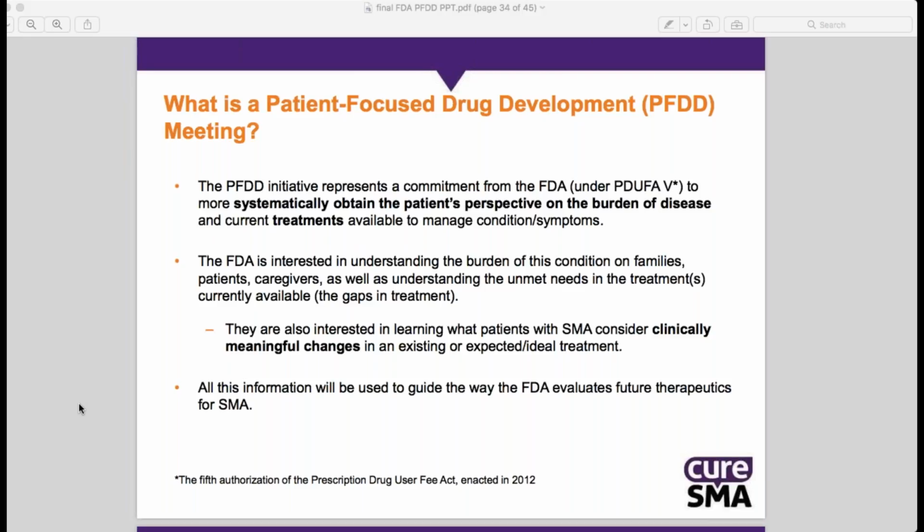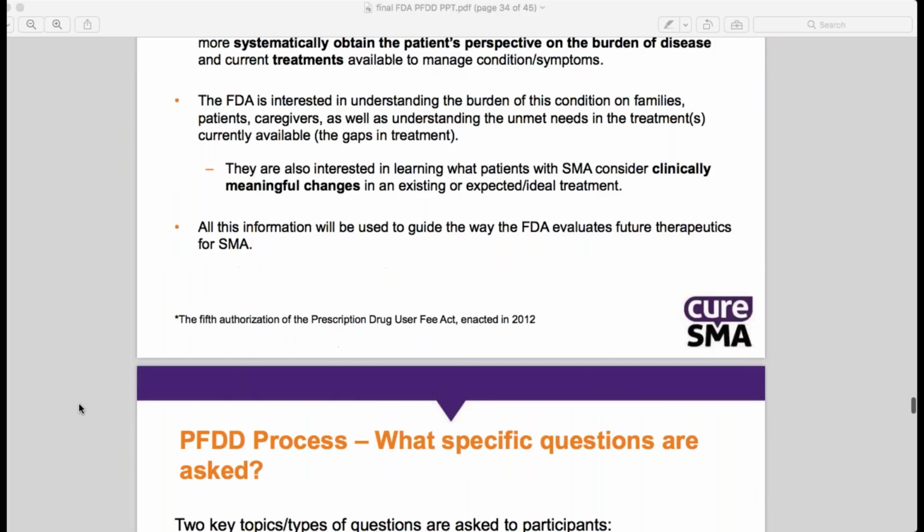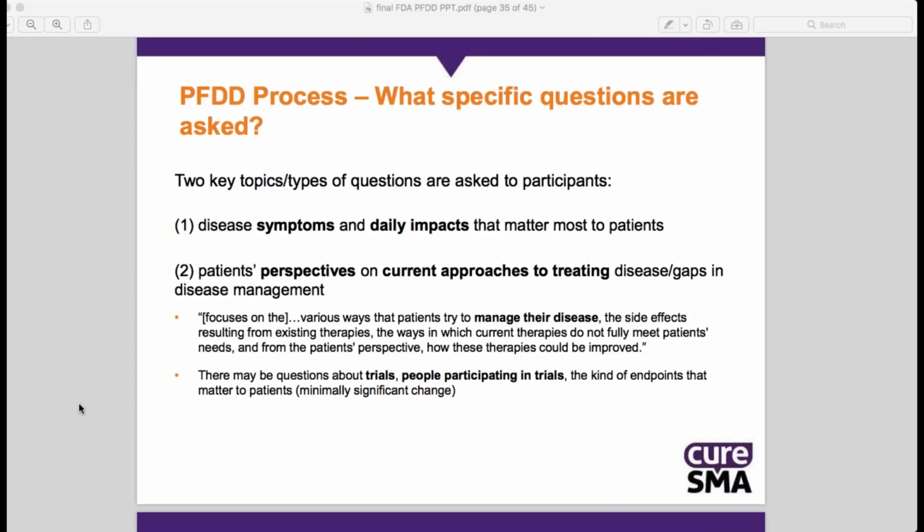So FDA is very interested in a couple categories of information, which I'll talk about on the next slide, please. So the patient-focused drug development meetings are organized and solicit input from you all in the community through a number of ways.